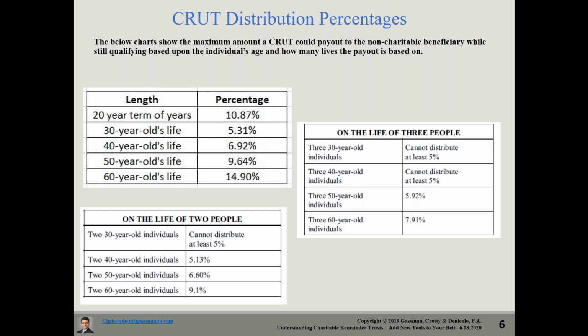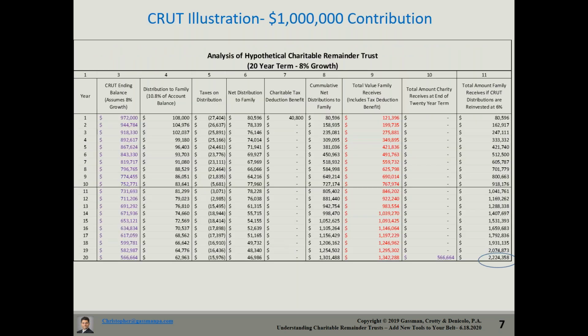And of course, the more individuals that you add as non-charitable beneficiaries, the lower that maximum becomes, because the life expectancies of more than one beneficiary are longer than just one beneficiary based upon actuarial tables. So something worth considering.